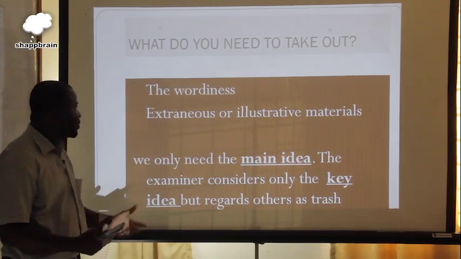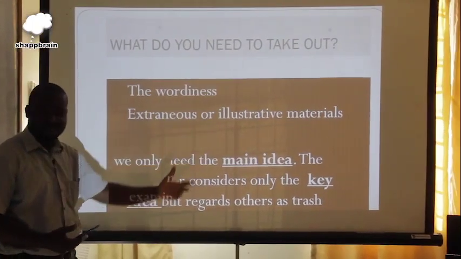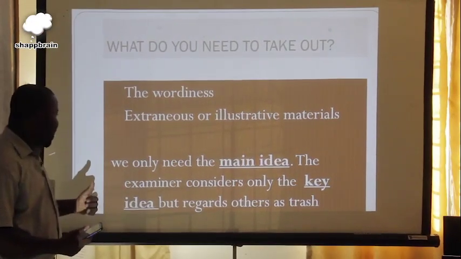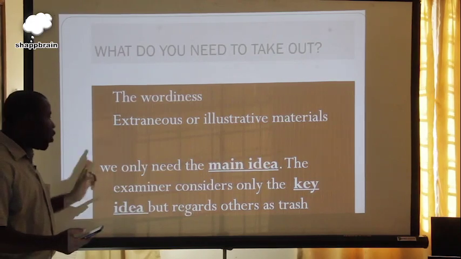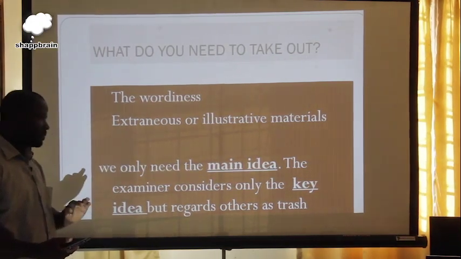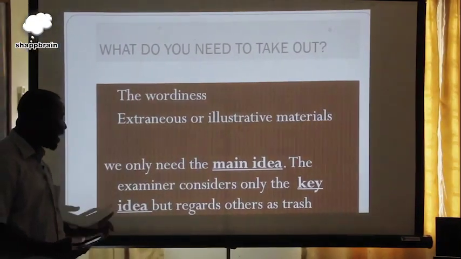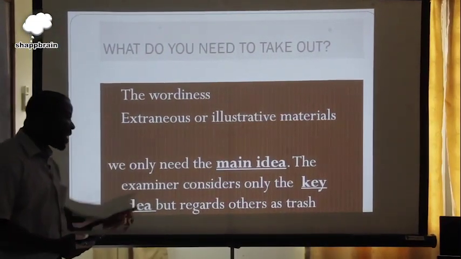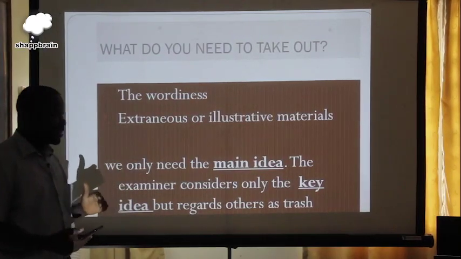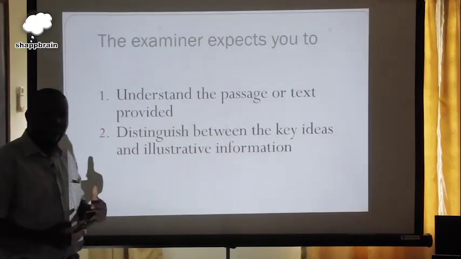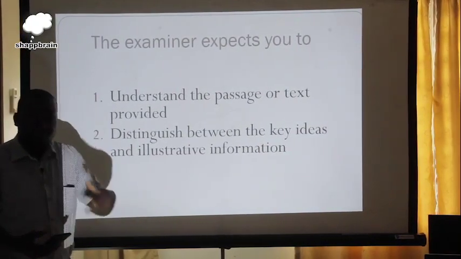You must also take out what we call the extraneous or illustrative materials. And here, you need to understand that we only need the main idea. That is, the examiner considers only the key idea, but regards others as trash.